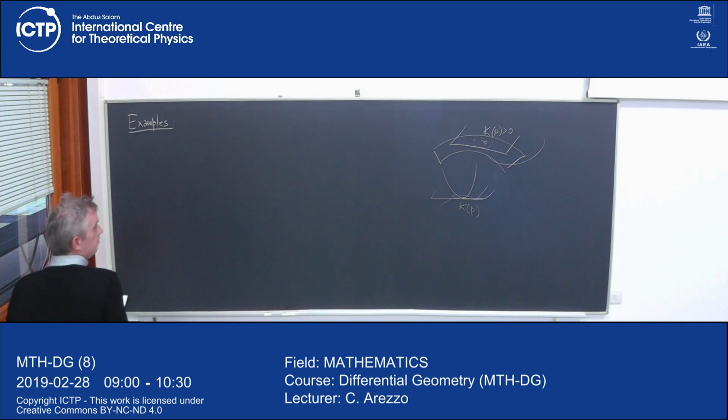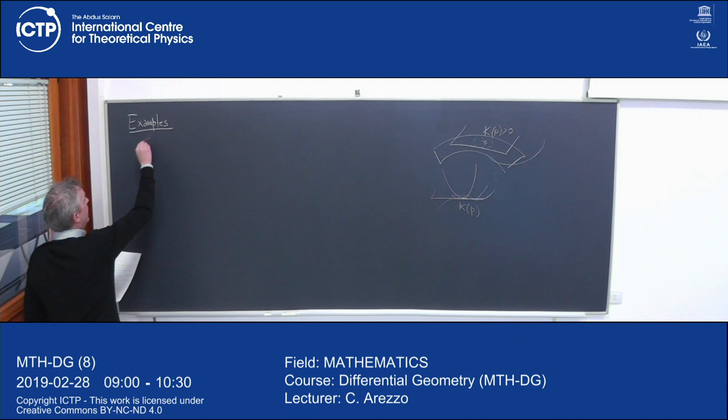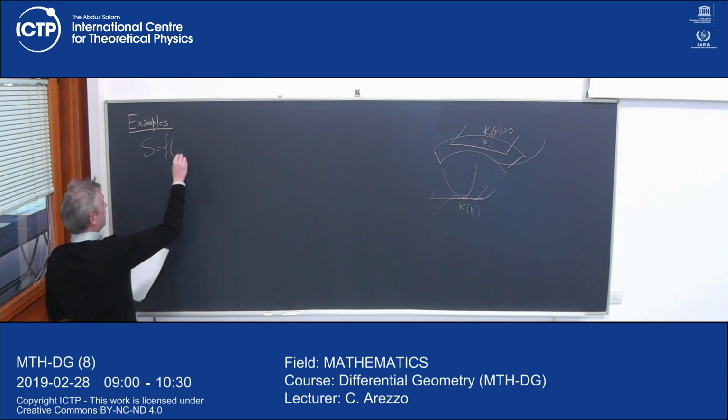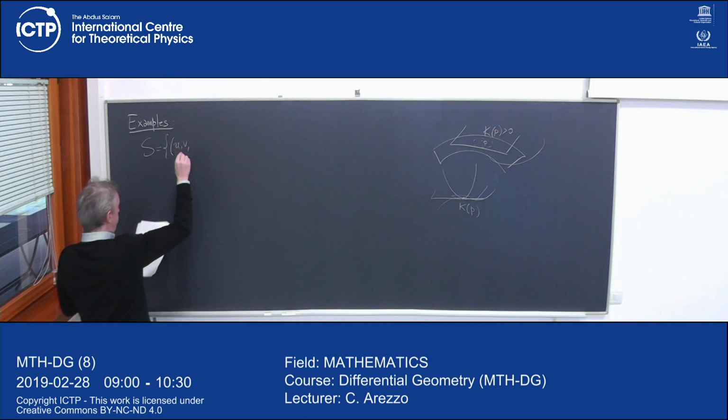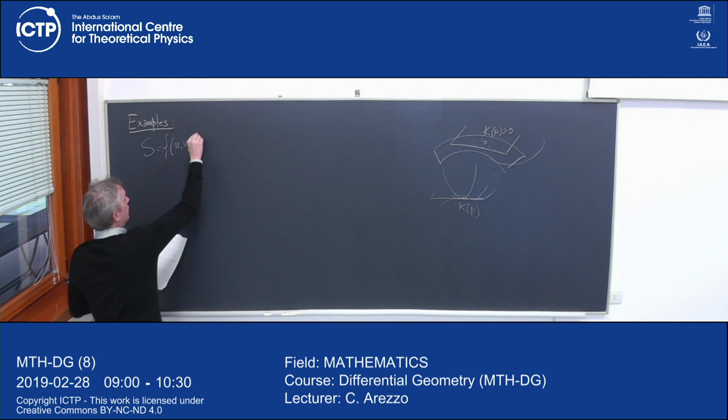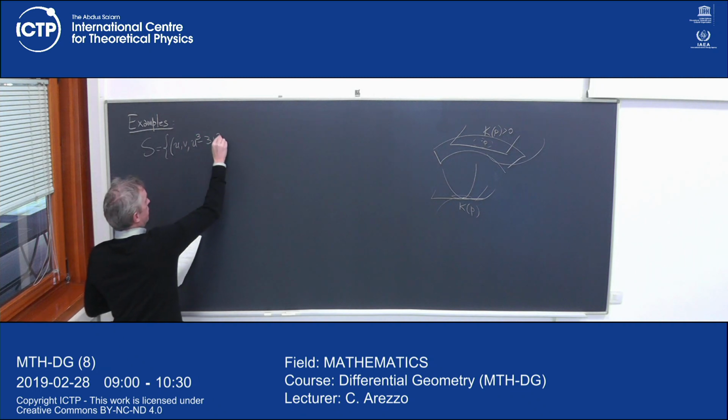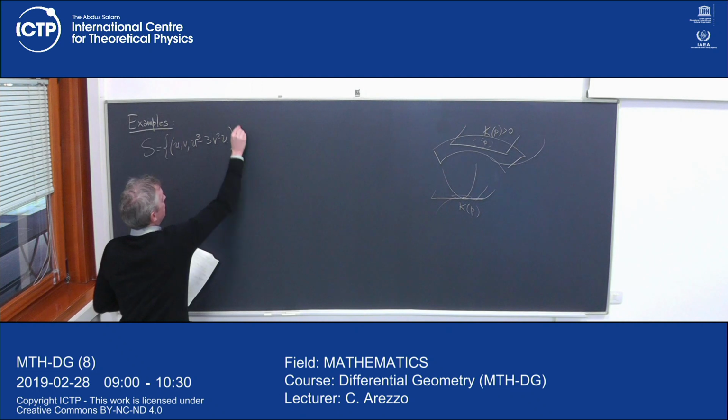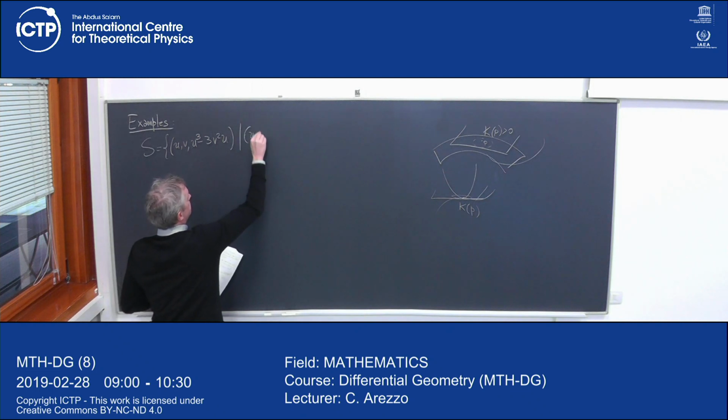But for example, take this surface S, which is actually a graph of a function: u cubed minus 3v squared u, where u and v lie in R2.